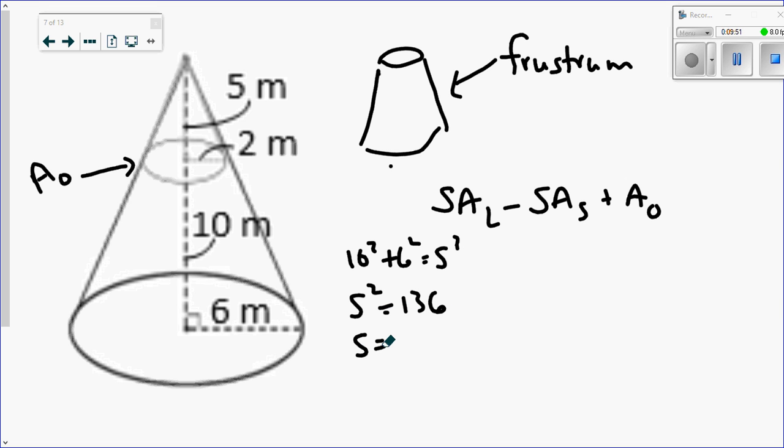S equals... Okay, and the big one is, or sorry, I guess the small one. We'll call it SS and SL. So S squared. What's that? 429.